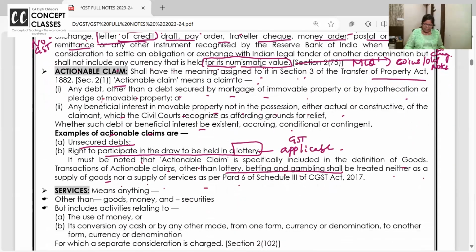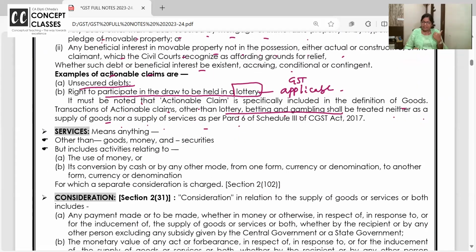Clear, right? Okay. And already we have seen what is goods. Then services is anything other than goods, money and securities. See, like a small LKG, UKG child, these definitions are given. What are goods? Anything movable, excluding money and securities.